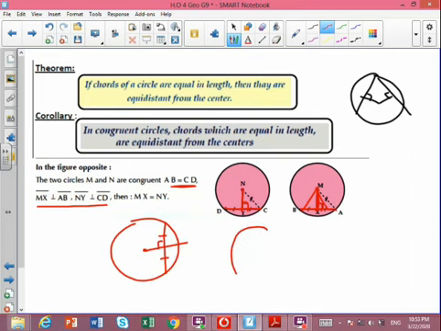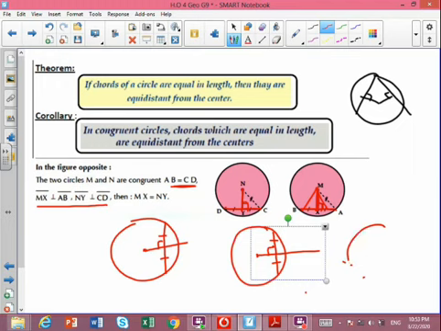And another corollary was that if I have the center and the chord and I draw a line which is perpendicular to the chord, it will bisect this chord. And if I have a circle and I draw a chord and draw a line which is perpendicular to and bisects this chord, you know that this line is passing through the center. This is only to remember them.